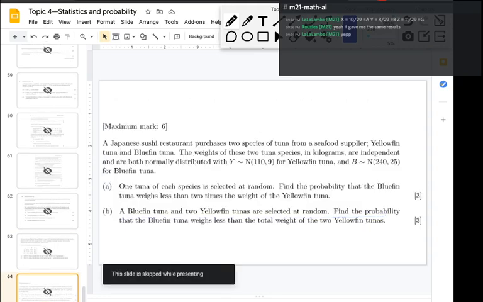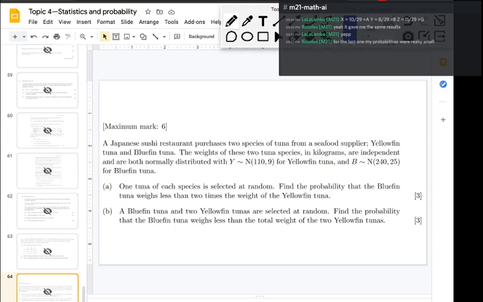Okay. Next we have this question. Oh, this is the, okay. For the last one, your probabilities were very small.